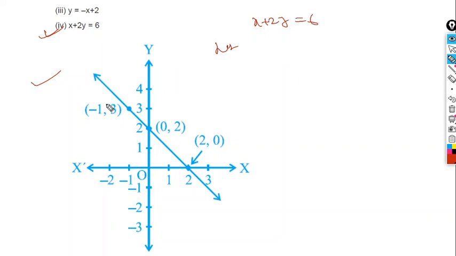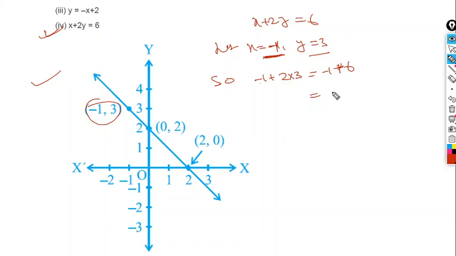Let us take the first point. Let x equal to minus 1, y equal to 3. So put the value of x as minus 1 and y as 3. Minus 1 plus 2 into 3 equal to minus 1 plus 6, which is 5.